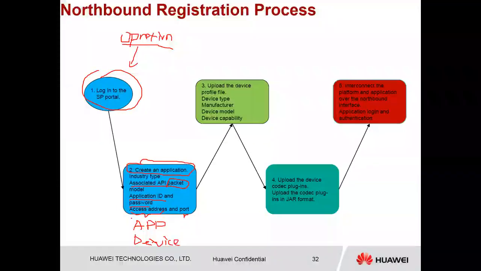So after we create this application, we can connect to this IoT platform using the application address and port and the device address and port. And then we need to upload the device profile. It's just a description of the device, for example a water meter. It includes the device type, the manufacturer, the device model, and the device capability.